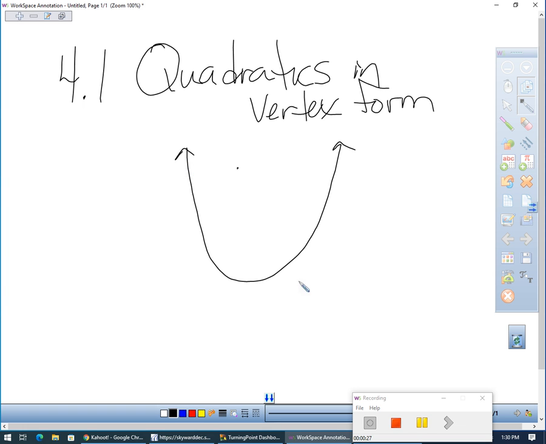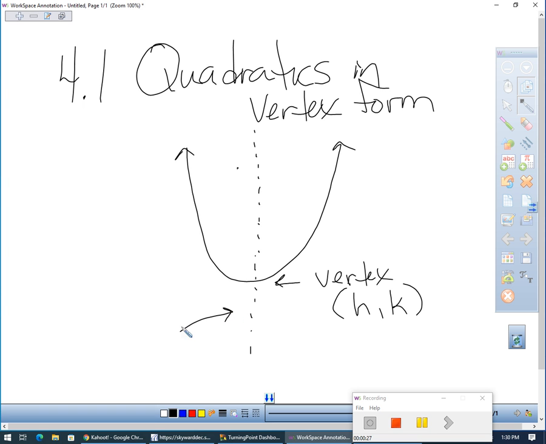And this point at the bottom is called the vertex. From vertex form, that vertex is the value (h, k). Down the middle of this wonderful parabola is a vertical line.